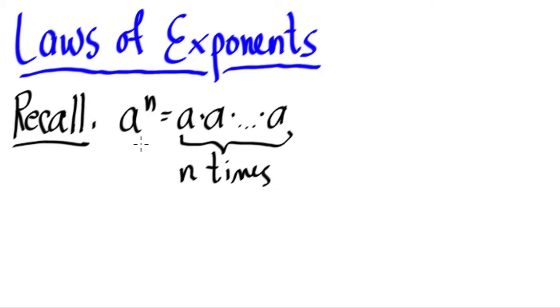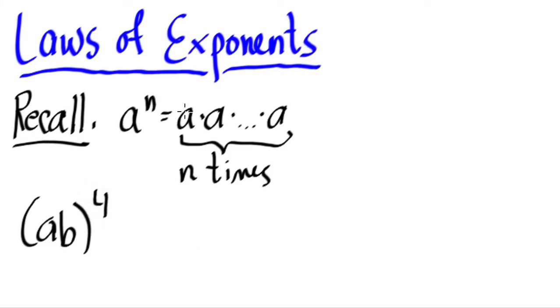So consider raising a product to a certain power. Say we have a times b. So this is a product of a and b. So this a times b is being raised to 4.